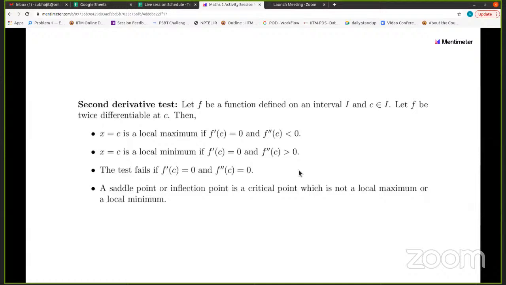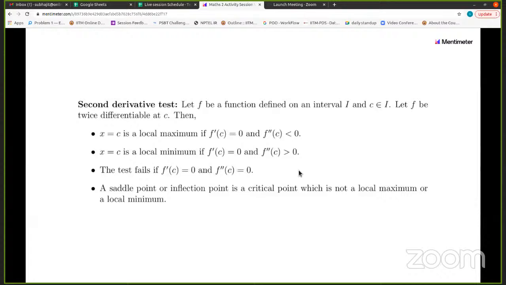If f dash x equals 0, then that point is a critical point. Suppose at c, I am getting f dash c equal to 0. So c is a critical point. Now I have to calculate f double dash x and put c there. If f double dash c is strictly less than 0, then it will be local maxima. And if f double dash c is strictly greater than 0, then it will be a local minimum. And this test fails if f double dash c is 0.